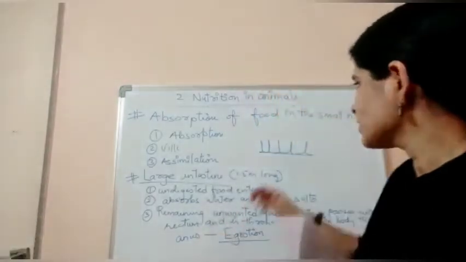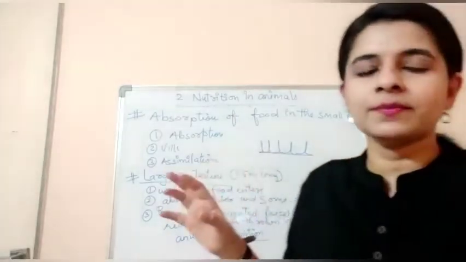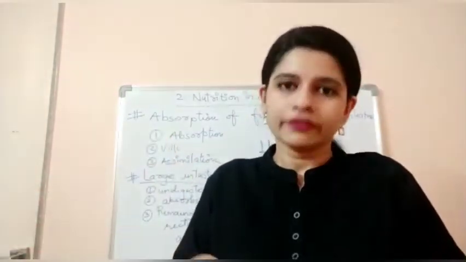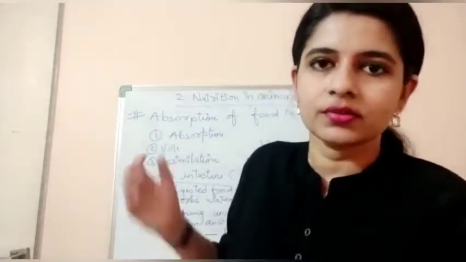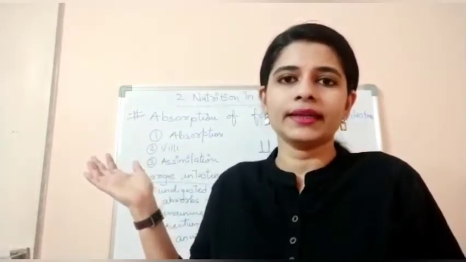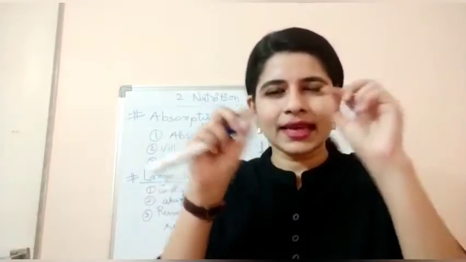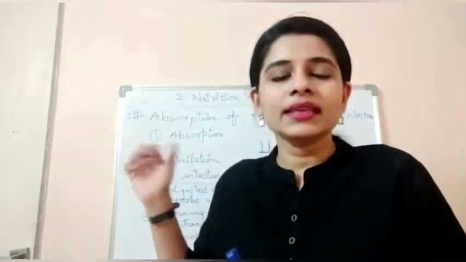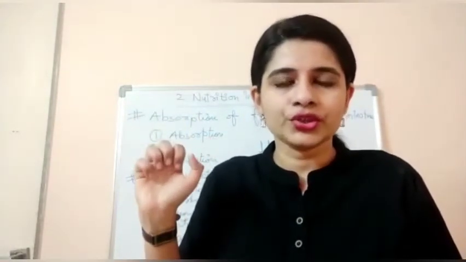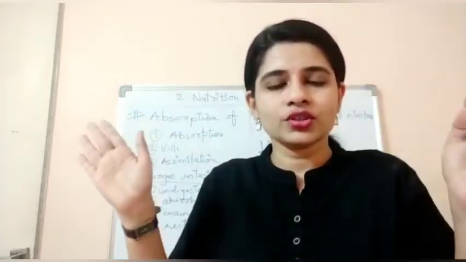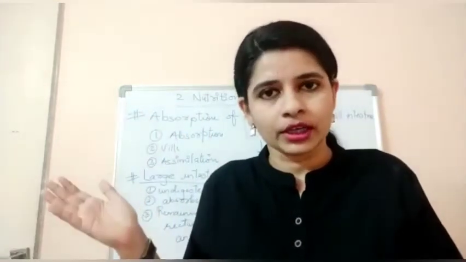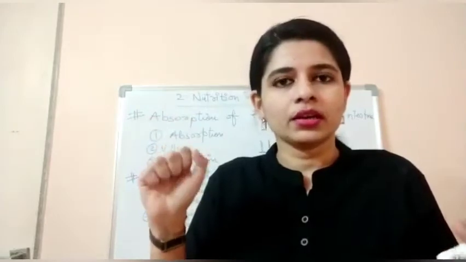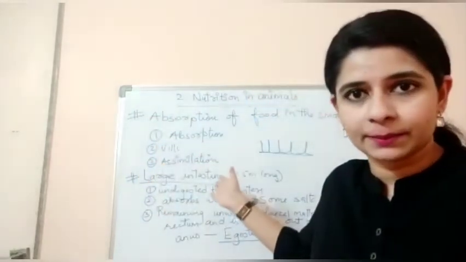So this finger-like growth helps in increasing the surface area of the small intestine. It has a lot of tiny blood vessels, and these really absorb all the nutrients and transport them to the various parts of the body. Basically absorption happens with the help of these villi.